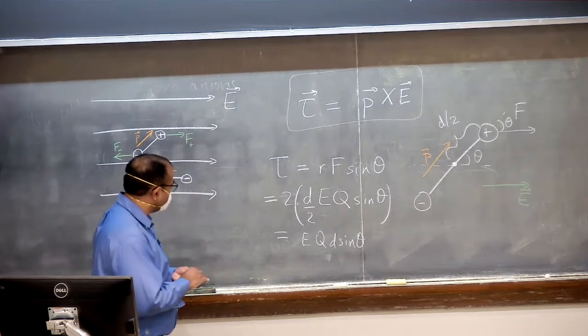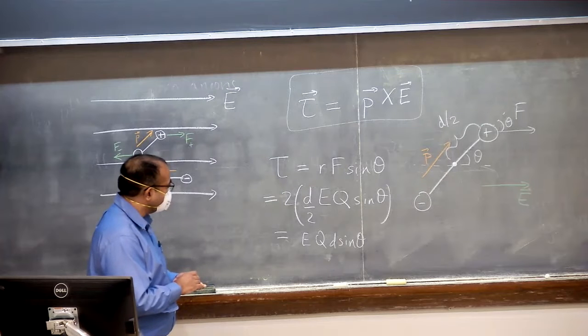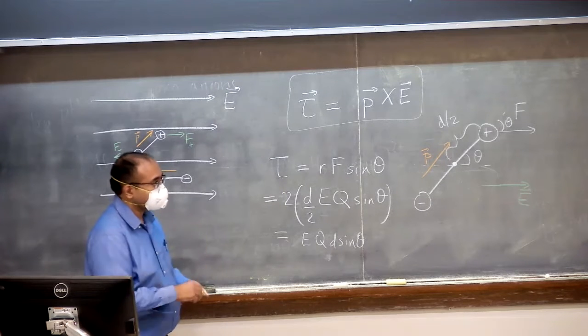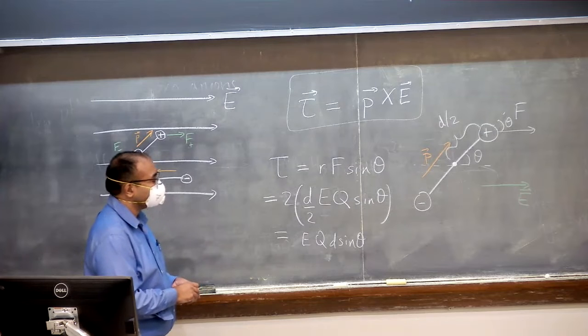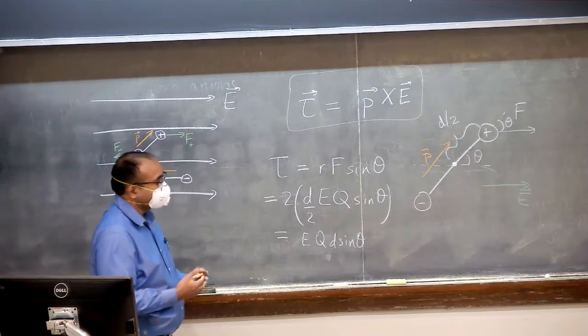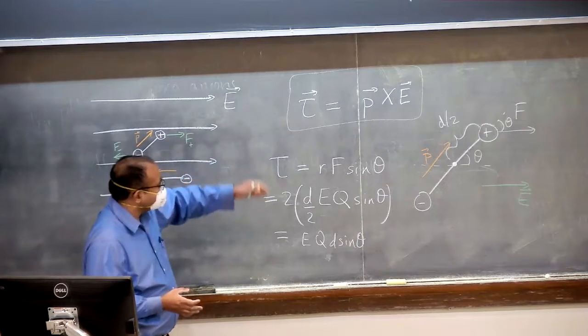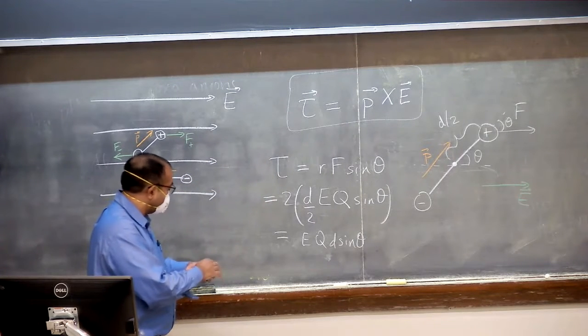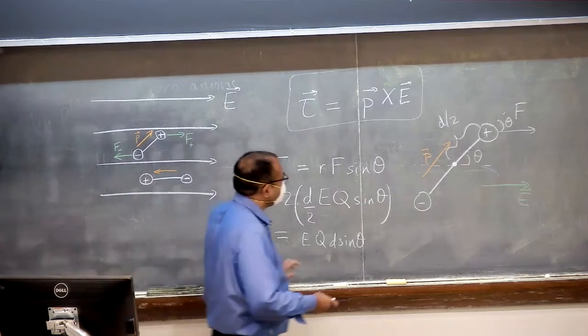Now, William asked a nice question earlier about whether the electrostatic force is conservative, and it is. In fact, we'll talk more next week, I think, about the potential energy associated with that in the general case. But even in this particular case of a dipole in an external field, there is a potential energy that you can associate with it.